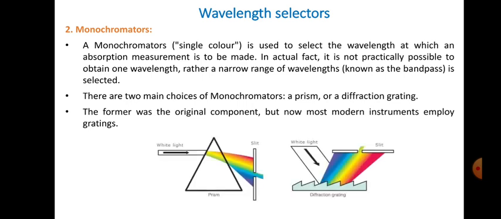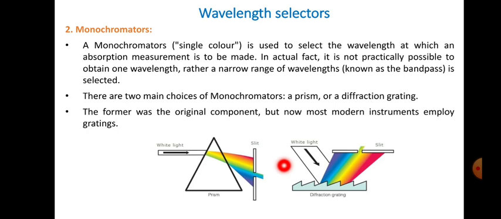So we can see in these diagrams, these are the prism monochromators. Polychromatic light is passing through this prism, then it will get diffracted, it will be dispersed, right, and then we have the exit slit. This exit slit will be focusing only a particular wavelength of light, okay, and then we have a diffraction grating which is nowadays popularly used.